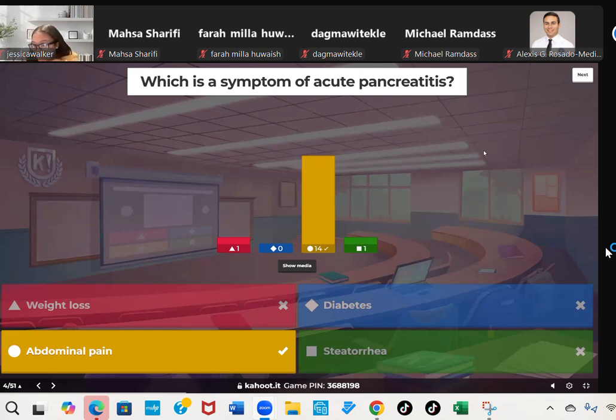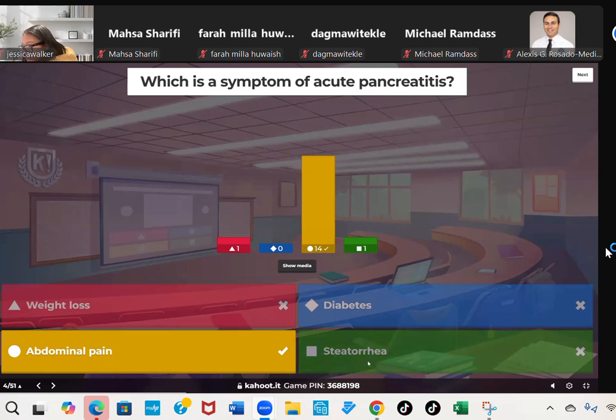What are the signs and symptoms of acute pancreatitis besides abdominal pain? Nausea and vomiting and abdominal pain are the signs and symptoms. It comes on fast, it's very sudden. Chronic pancreatitis, on the other hand, happens over a long period of time. We typically start off with steatorrhea, which means we're not absorbing the fat and nutrients that we're eating.